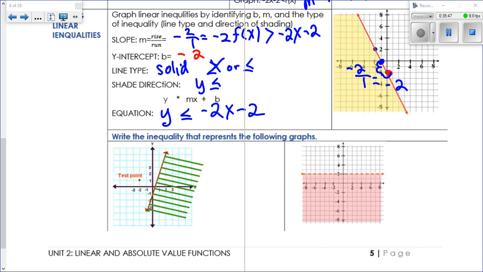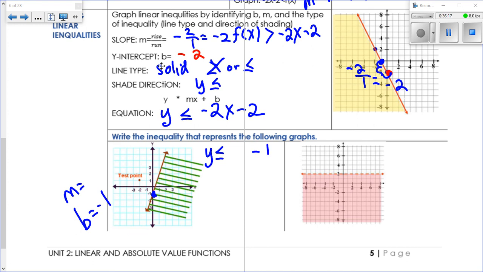My shading is the green section, and it looks like this is below. So the line type is equal to, y is less than or equal to. My slope, I don't know yet. My y-intercept, I'm going to pick it out, and it looks like it's at -1.